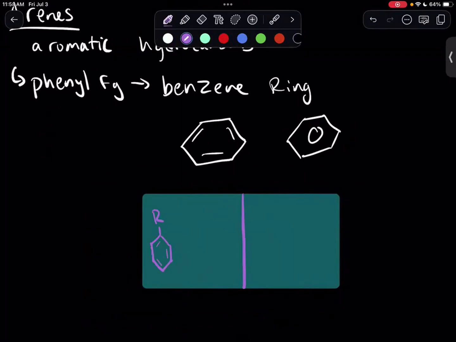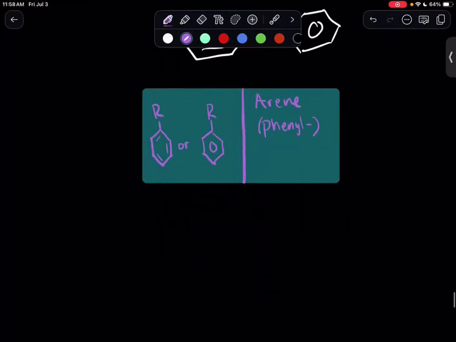And by both drawings, I mean both representations of benzene. You may see both in your DP exam. So it can be either or. And this is our arene. Our arene is referred to as phenyl prefix.